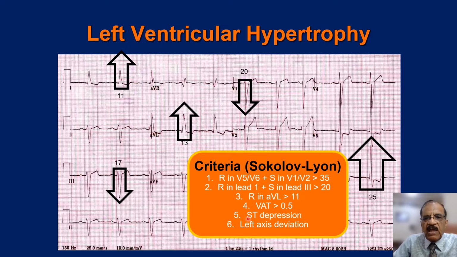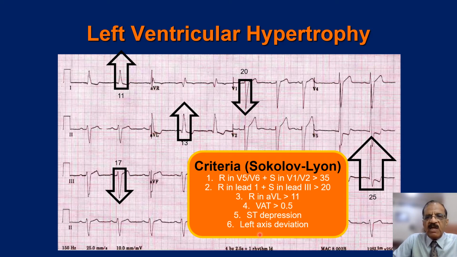Then additional ST depression here adds to the diagnosis, and left axis deviation. Now, I mentioned in my earlier lecture, in left ventricular hypertrophy, there may be left axis deviation, but may not be too much. Why? Because the QRS axis is already predominantly determined by the left ventricle.